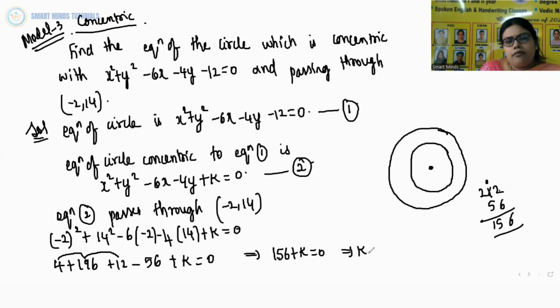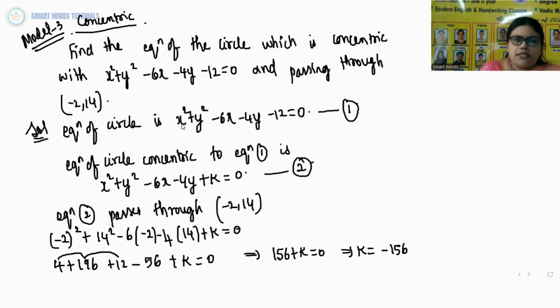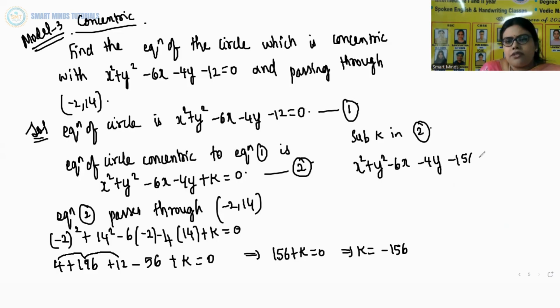So you got k value as minus 156. Now substituting this value of k in equation number 2, x square plus y square minus 6x minus 4y minus 156 is equal to 0. This is the final answer.